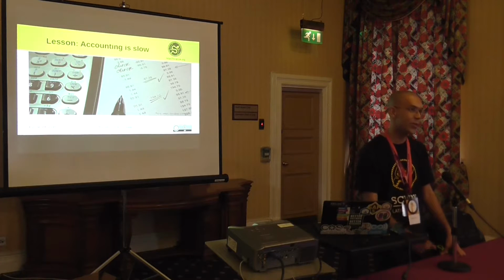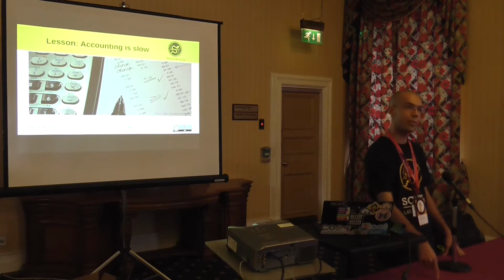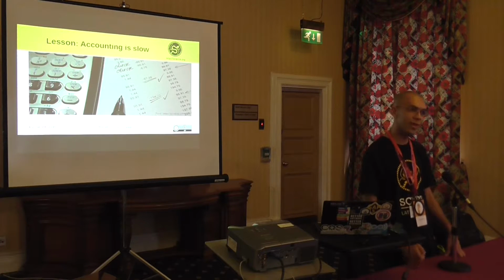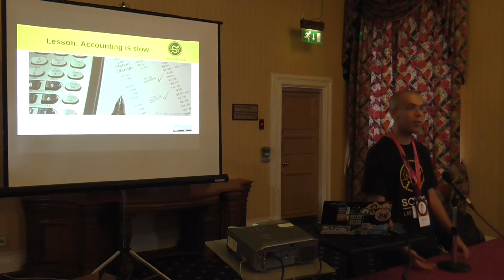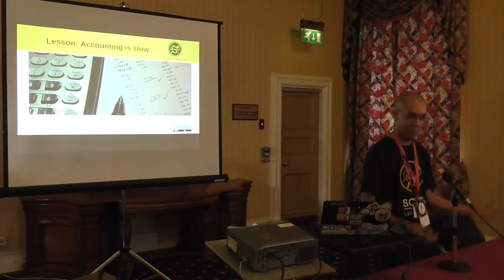We had this issue organizing SciPy Latin America. We said, okay, we have this company that's going to sponsor us. We sent out the paperwork, they sent the money, and we asked our guy from the finance, do we have the money? And he said no, and I said, why? I don't know.